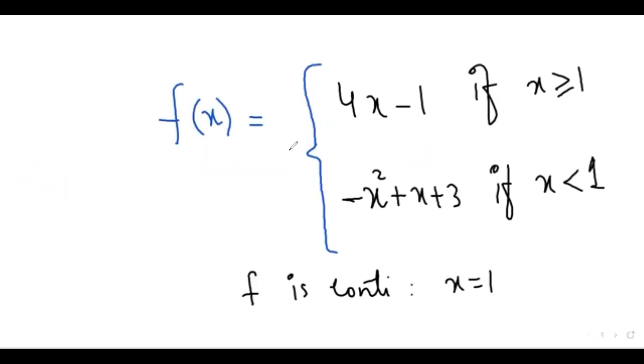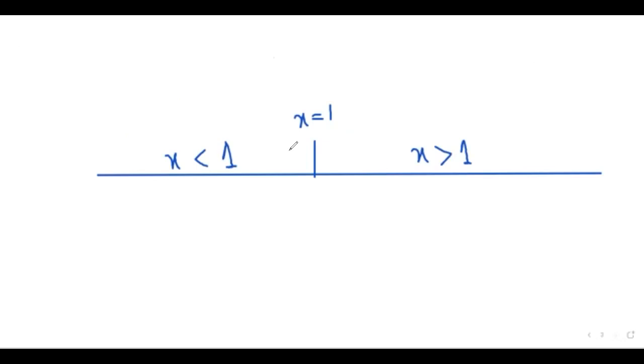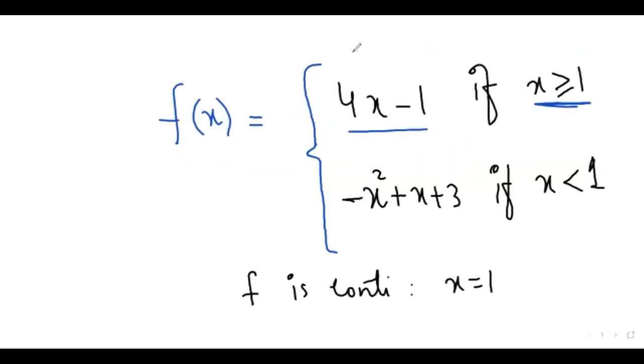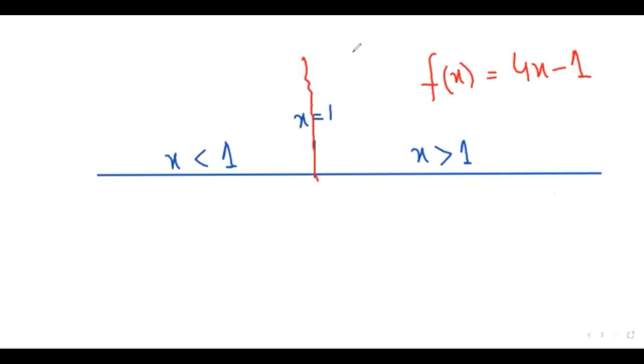You can see when x is equal or greater than 1, you can use 4x minus 1. So it means for this region, f of x is 4x minus 1. And for this region, minus x squared plus x plus 3.